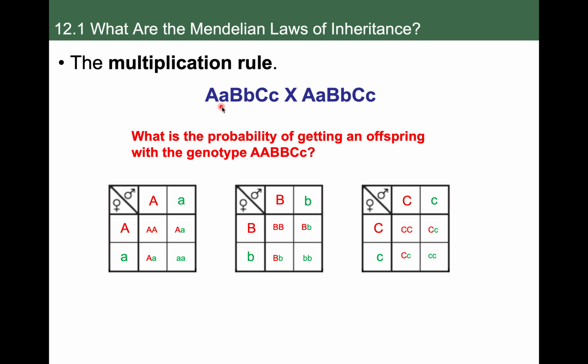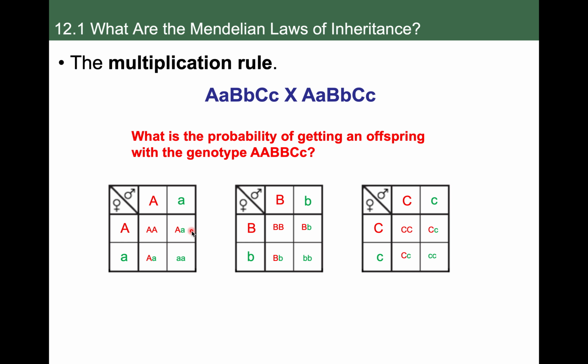So for example, we're just going to look at the A gene in isolation, where we're crossing a heterozygote big A, little a, with another heterozygote big A, little a. And so we would set that up in a little monohybrid cross here, right? We've got our big A, little a on each side of our square, and we get our traditional 3-to-1 ratio, where we'd get our 1 homozygous dominant, our 2 heterozygotes.